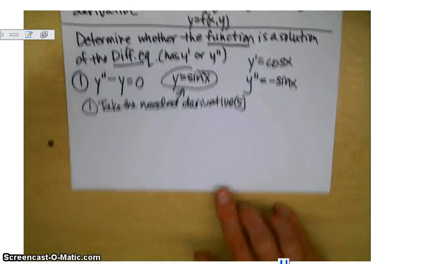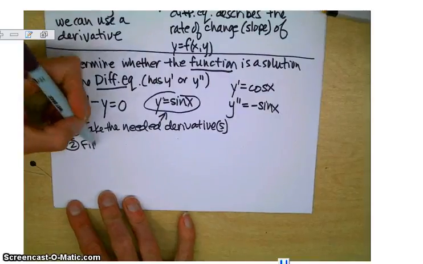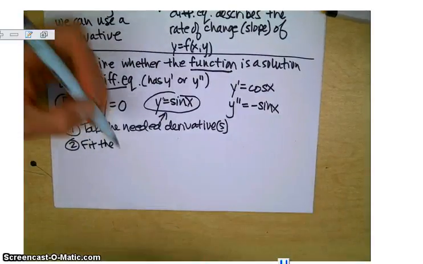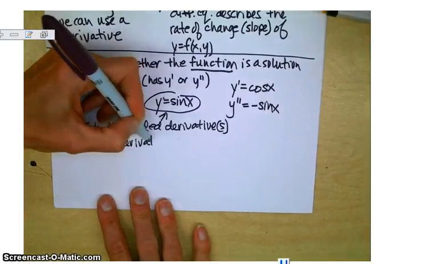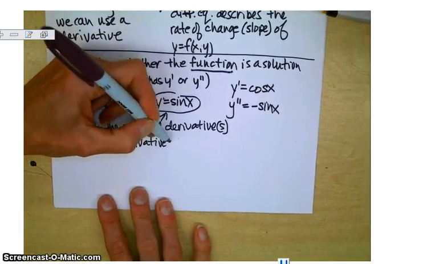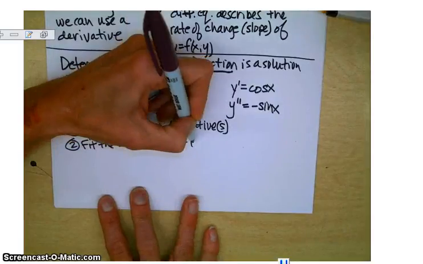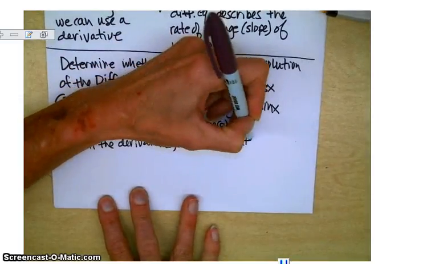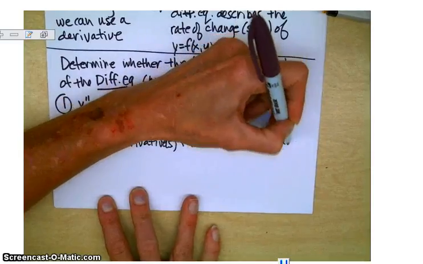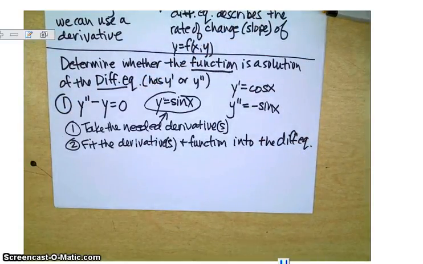Now what I'm going to do is fit the derivatives, and in this case, derivative or derivatives, and the function into the differential equation. And this will make sense. We'll do more than one example.